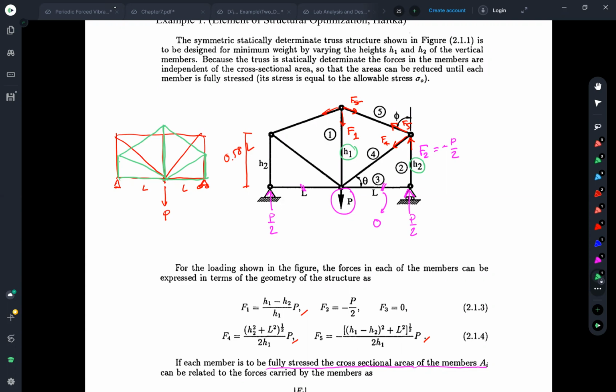Without them, maybe we need to design many trusses and compare which one is cheaper or cheapest among the designed trusses we have in hand. But with optimization, you can find what is the best.